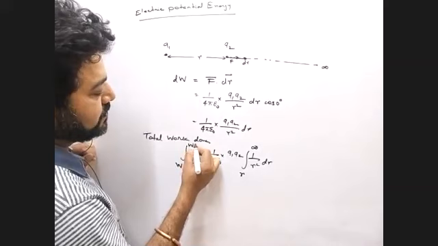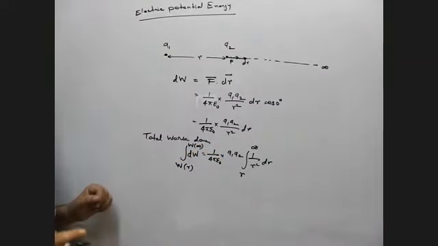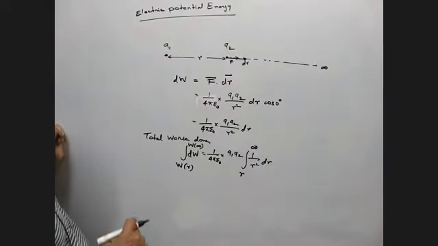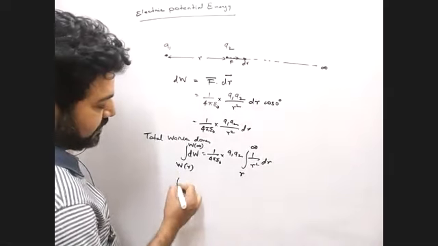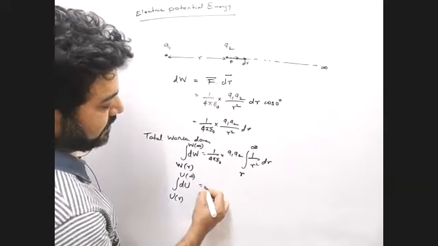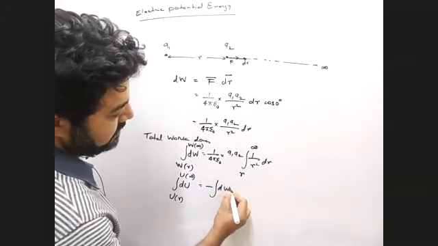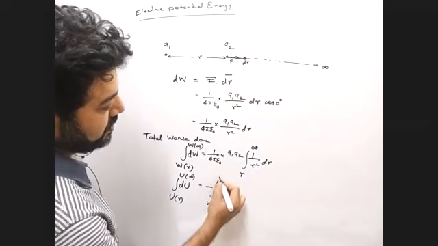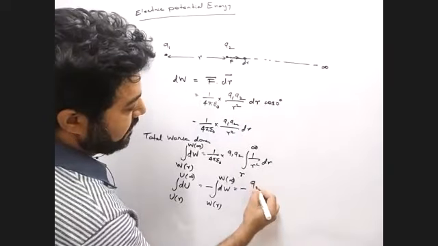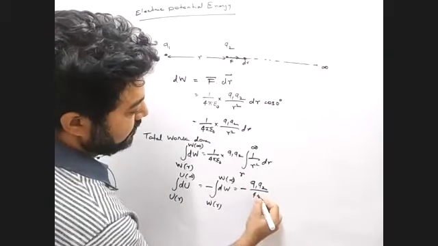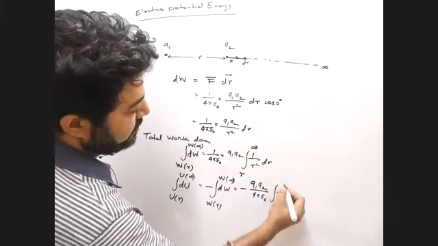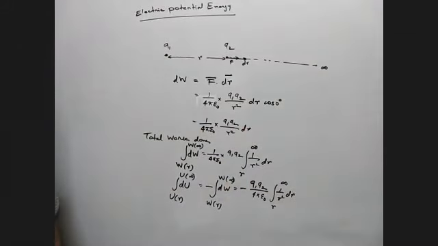Now remember one thing, this work done is the negative of potential energy. So U infinity minus U r is the negative of this work done, minus Q1 Q2 by 4 pi epsilon naught, integral of 1 by r square dr, from r to infinity. Is it okay, everyone? Up to this, is it okay?